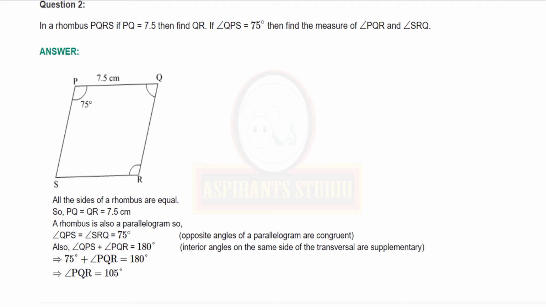But you are given measure of angle QPS is equal to 75 degrees. So measure of angle SRQ is also 75 degrees. You can write it in the next step and write the reason also beside it: since measure of angle QPS is equal to 75 degrees, that is given.